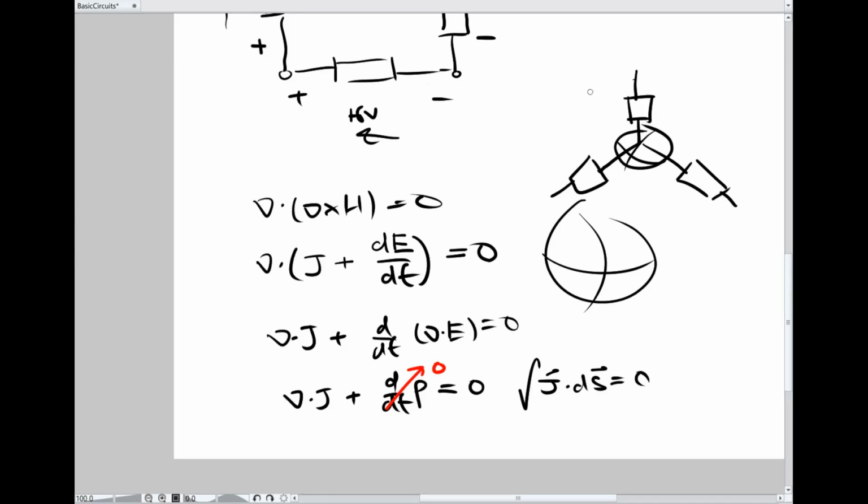And because current only flows along the pathways of conductor that I've drawn here in my circuit, that's how circuit notation defines things, then the sum of all the currents coming out of the node has to be 0. So Kirchhoff's current law, which I mentioned earlier by accident, is that the sum of all the currents coming out of a node is 0.